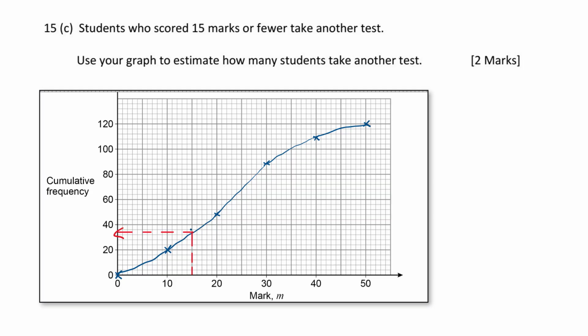So I'm going to read that as 34. I'm going to go for 34. Okay, now you'll get a little bit of leeway, anything between like 33 and 35 I think would be acceptable there. Okay, let's move on.